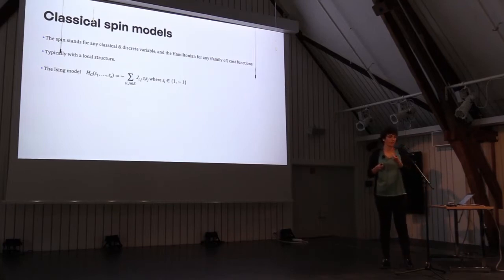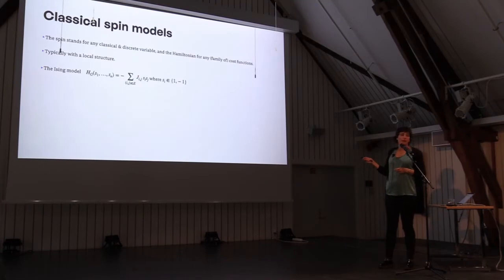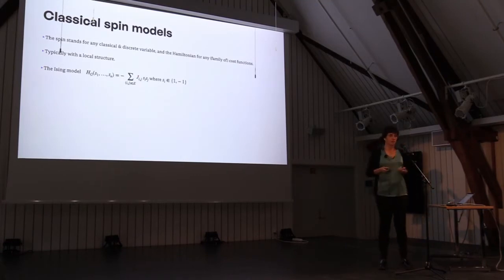You multiply them, so you have a parity function. If they are both in the same direction, then you get a +1. If they are in opposite directions, you get a -1. You have a minus sign in front, so typically you want to get them aligned if this thing is positive. And then you have some coupling strengths. Here they are unfixed, this J_ij. Also unclear from what's said. Physicists take them from the reals, but if you want to make a connection to computer science, they should admit a finite description.